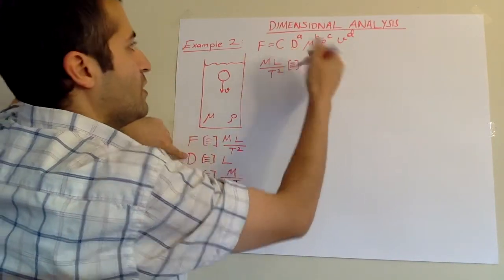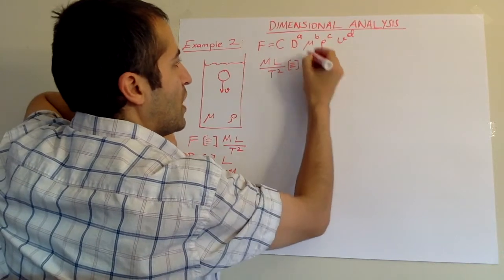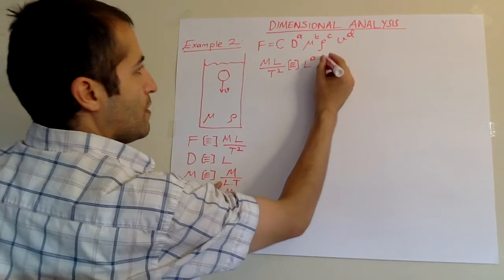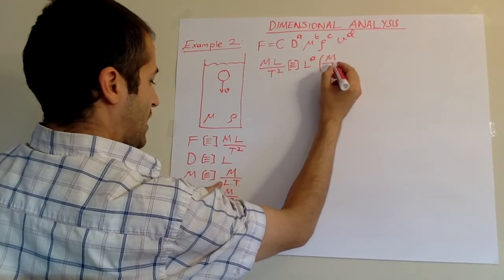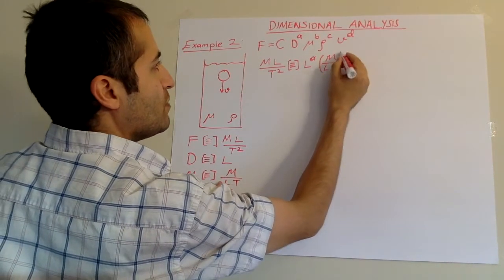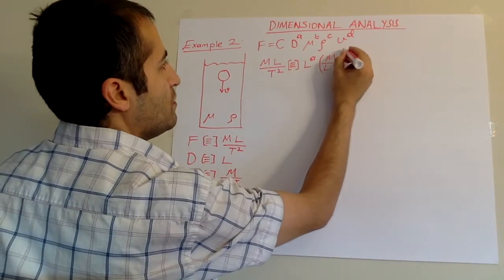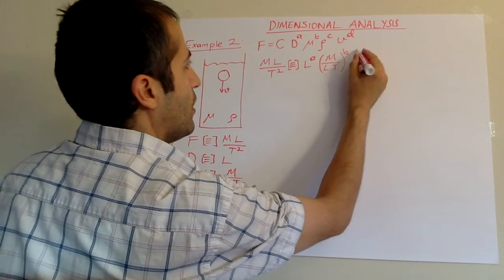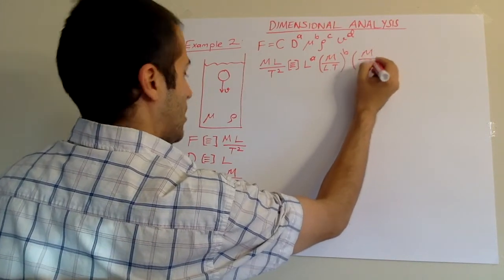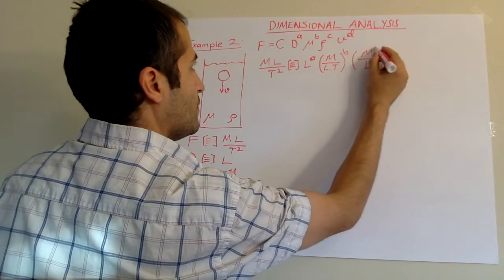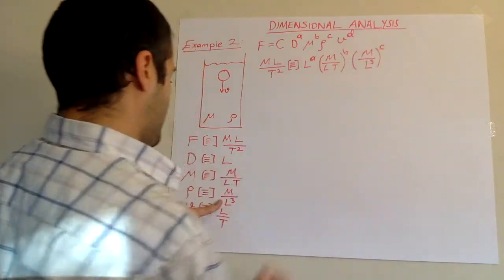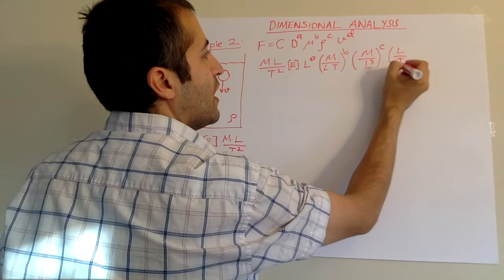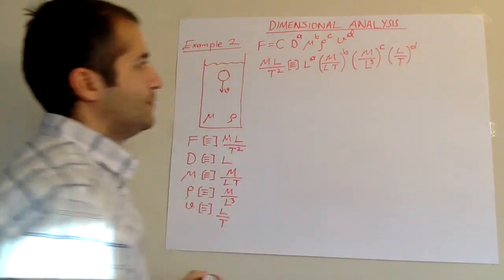Instead of diameter, I write length to power A. Instead of viscosity, I write mass divided by length times time to the power B. Instead of density rho, I write down mass divided by length cube to the power C. Instead of velocity, I write down length divided by time to the power D.